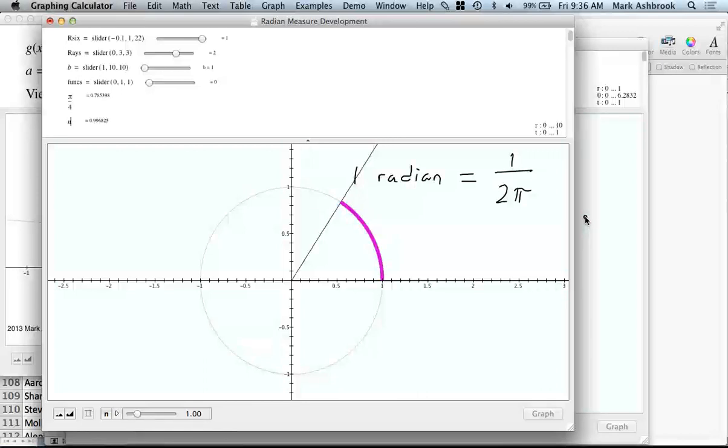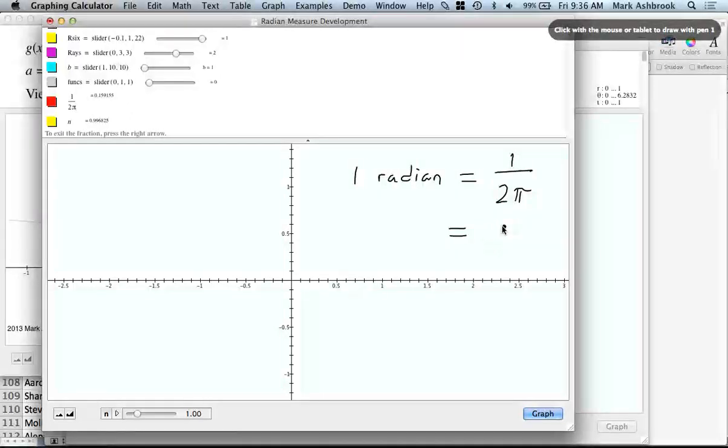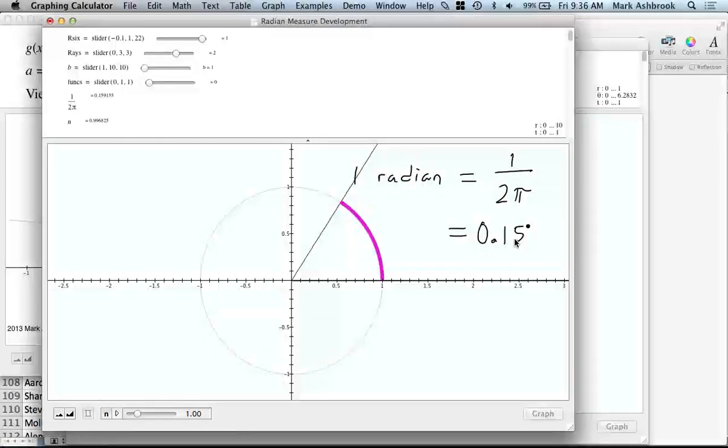And let's get that. So what percent is that of the circle? 0.159? About 0.159 or 15.9%.